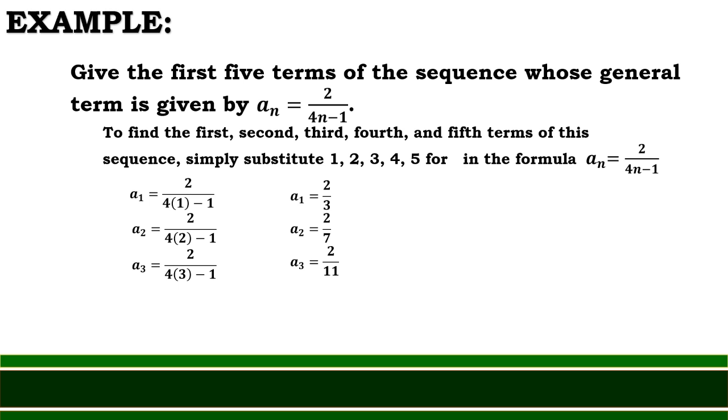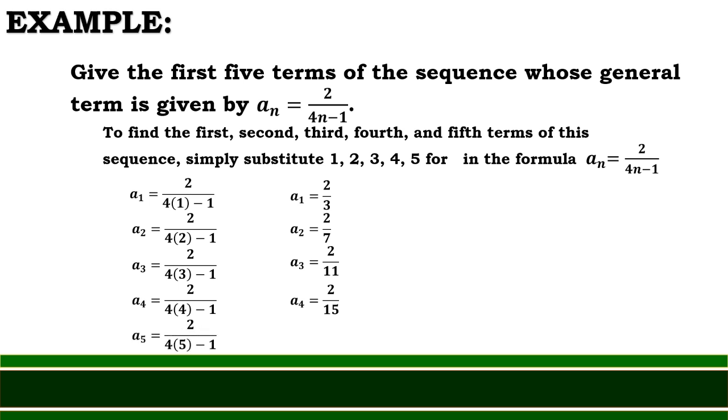How about the fourth term? You have 2 over 4 times 4 minus 1. 4 times 4 will give you 16, minus 1 will give you 15. It means the fourth term is 2 over 15. How about the fifth term?